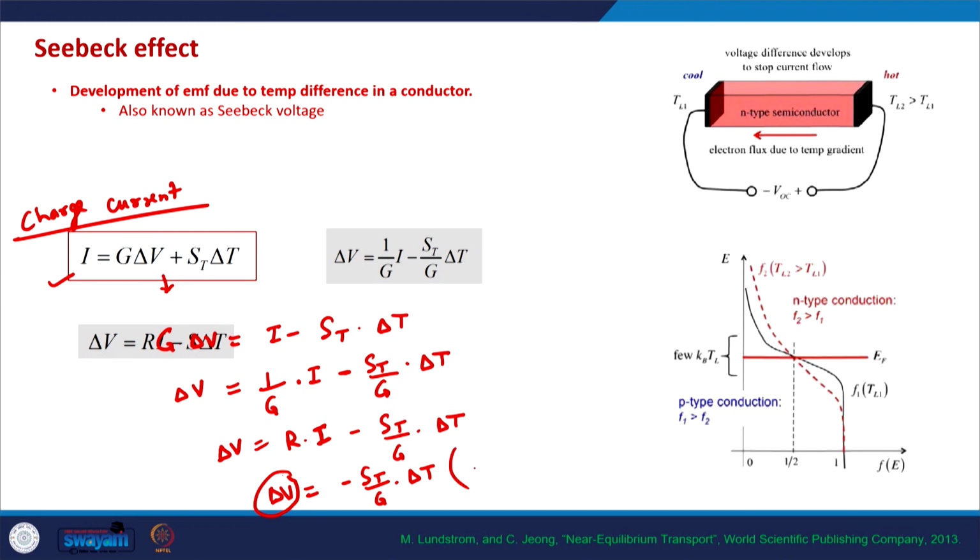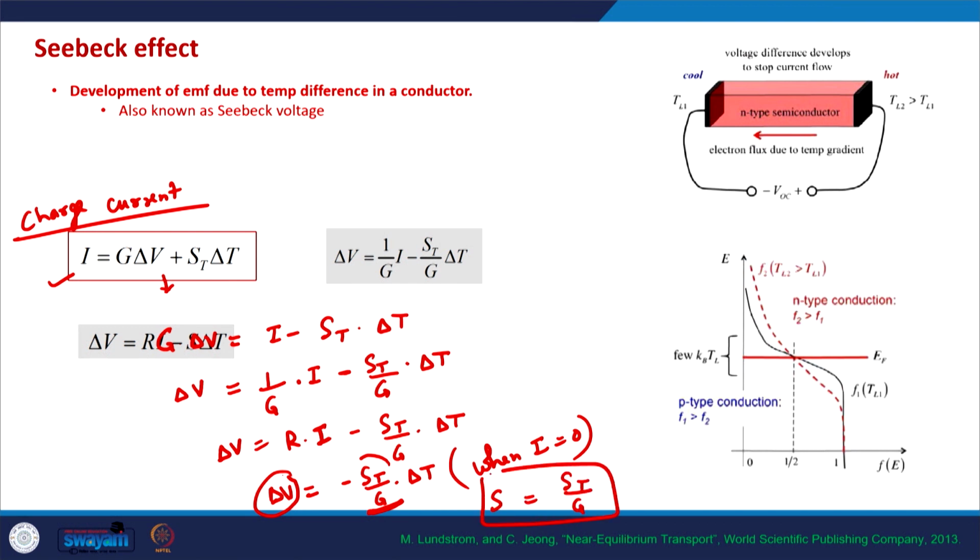So this is when I is 0 in the open circuit case, and this term, S_T/G, is known as the Seebeck coefficient, which is defined as S. S is S_T/G.